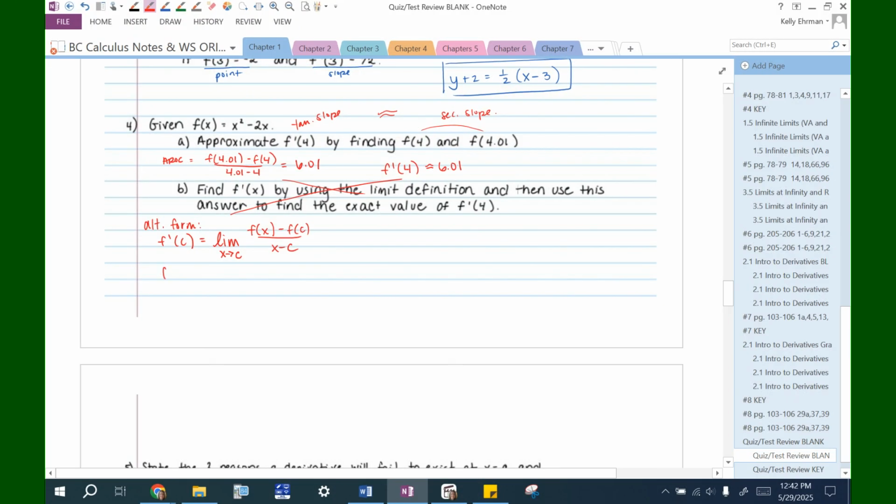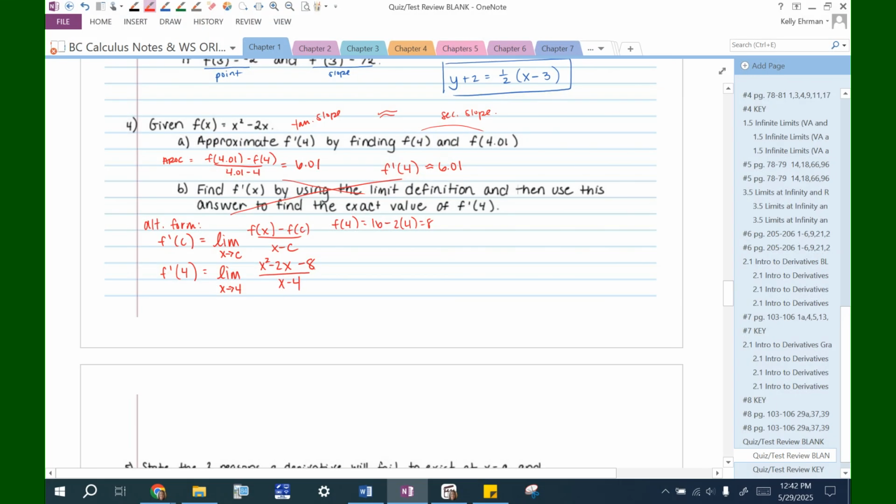All right, so we want f prime of 4. So we're going to take the limit as x approaches 4 of x squared minus 2x, that's f of x, minus, what's f of 4? 16 minus 2 times 4, it's 8. So minus 8 over x minus 4.